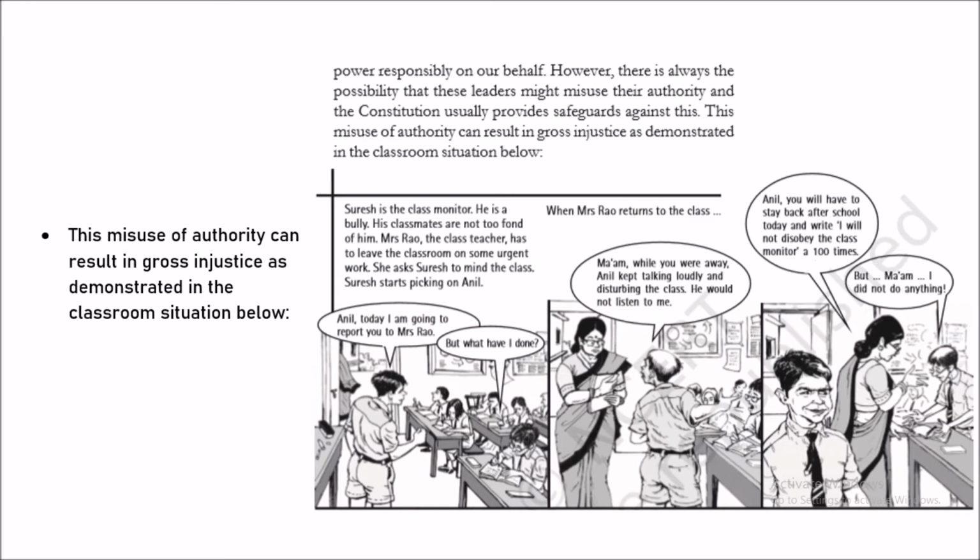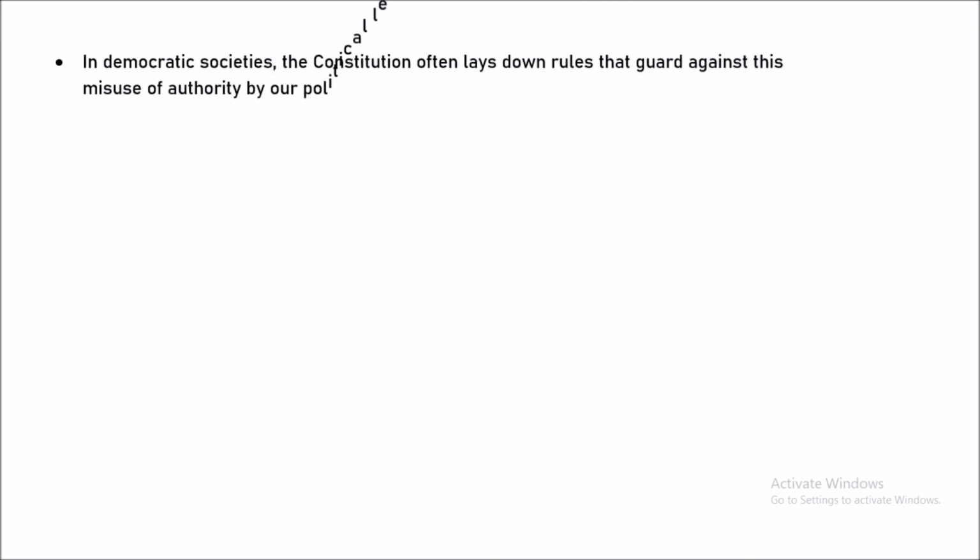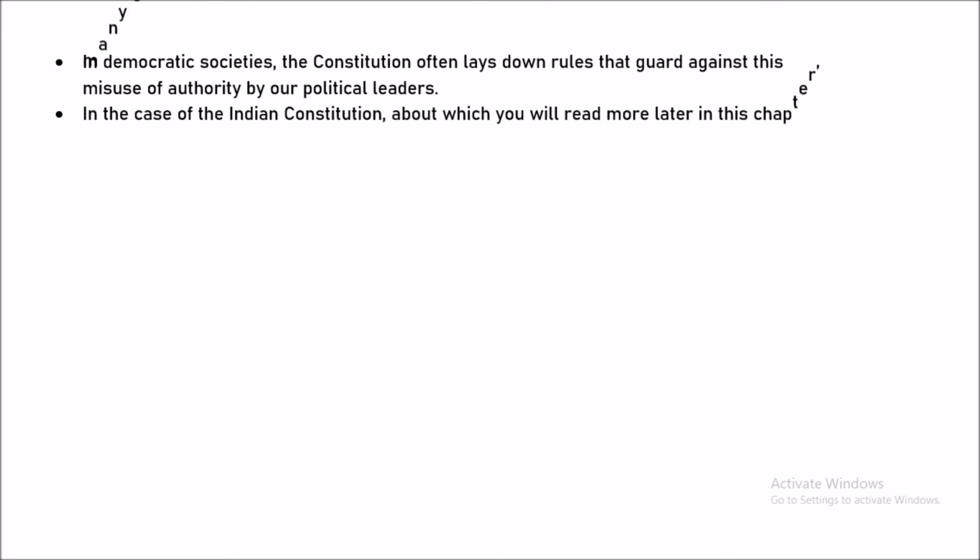Now moving on to the chapter. In democratic societies, the Constitution often lays down rules that guard against the misuse of authority by our political leaders. In any democratic country, the Constitution is considered the Bible of the nation, or the law of the land.